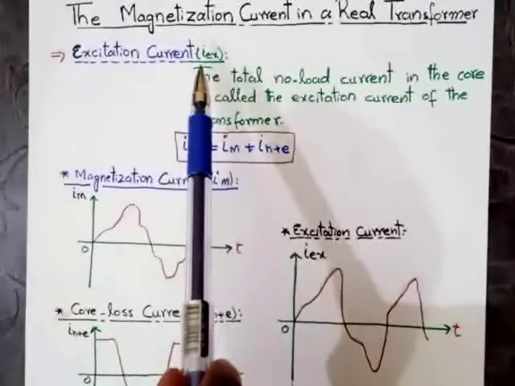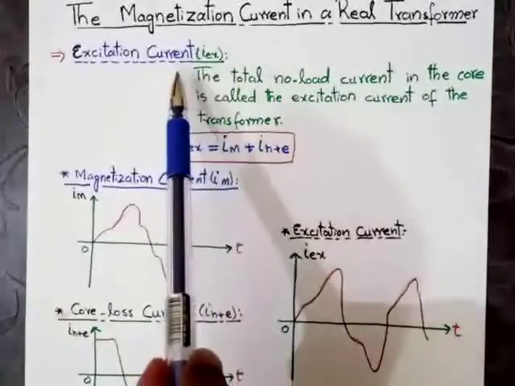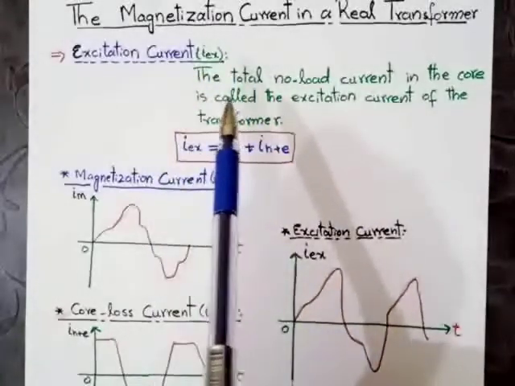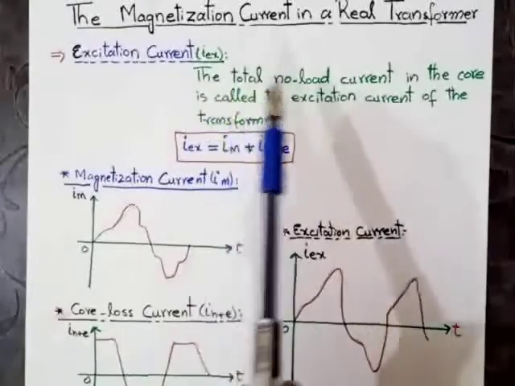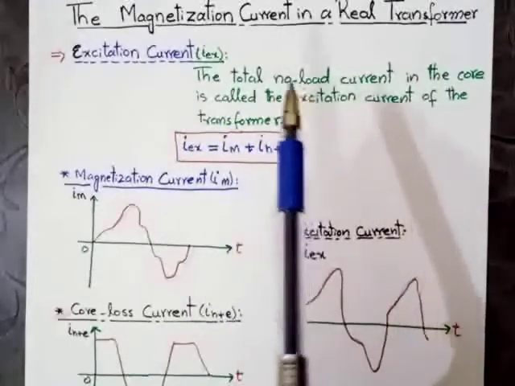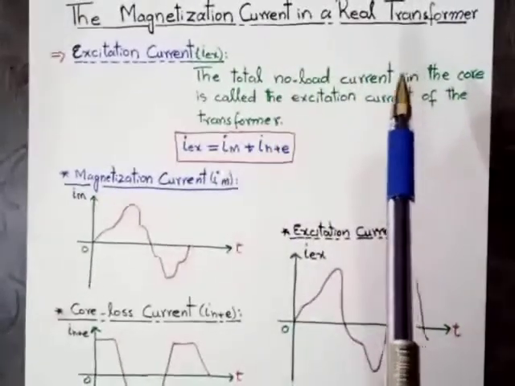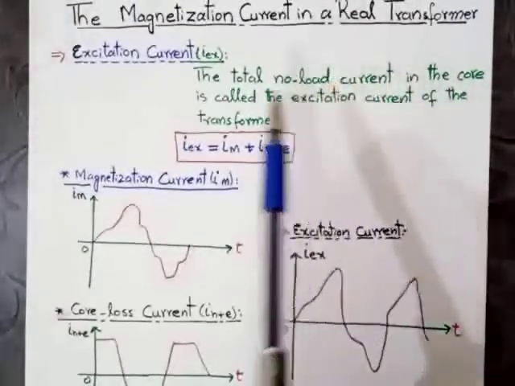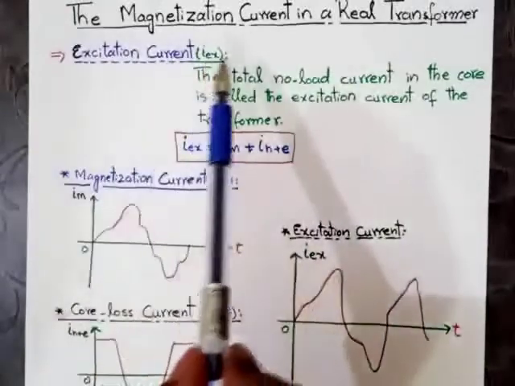When we apply the voltage source across the primary circuit, current will flow across the primary circuit, and we keep the secondary circuit open. This current is called the excitation current.